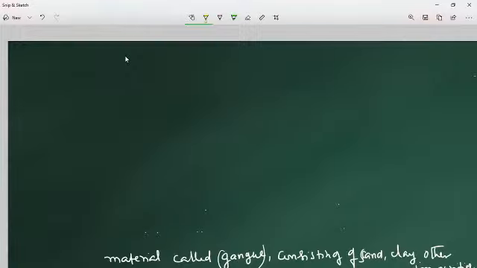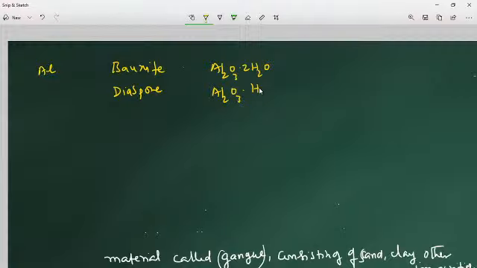Okay, now let us see. For aluminum, bauxite is the most important ore, and the bauxite formula is Al2O3·2H2O. Diaspore is also another important ore of aluminum, which has only one water molecule with Al2O3, while corundum is also another important ore.